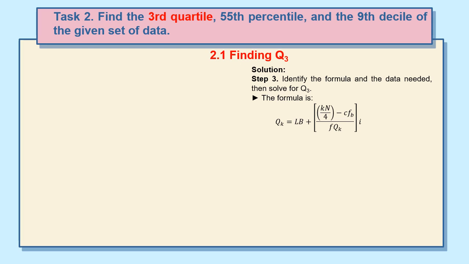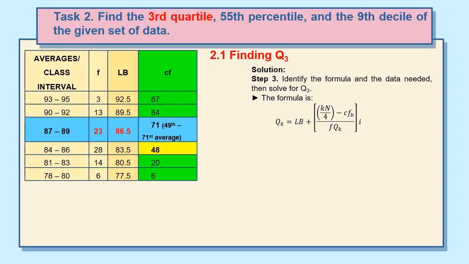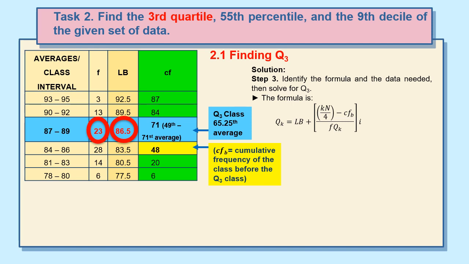The formula that we are going to use is Q sub k equals LB plus the quantity of Kn over 4 minus CF sub b over F sub Q sub k times I. Using the final table of values, in the third quartile class, we have the frequency 23, the lower boundary or the LB 86.5, the CF sub b or the cumulative frequency of the class before the third quartile class 48, and I or the interval 3.